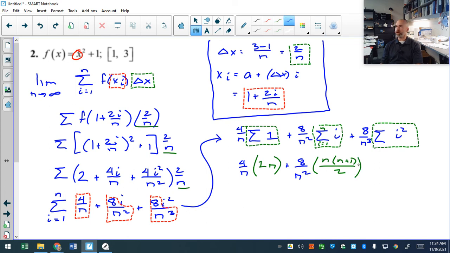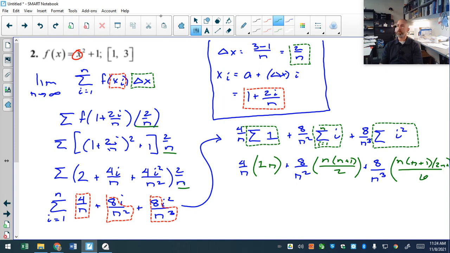And then i squared is the ugly one that I have a hard time remembering off the top of my head. I think it's n plus 1, 2n plus 1. Is that right? Over 6, yeah. The top is what I always have a hard time remembering. 2n plus 1 all over 6.